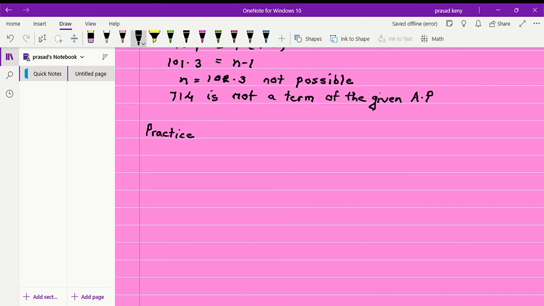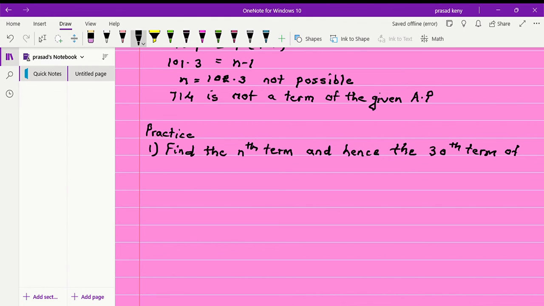So the first one, find the nth term and hence the 30th term of the AP.